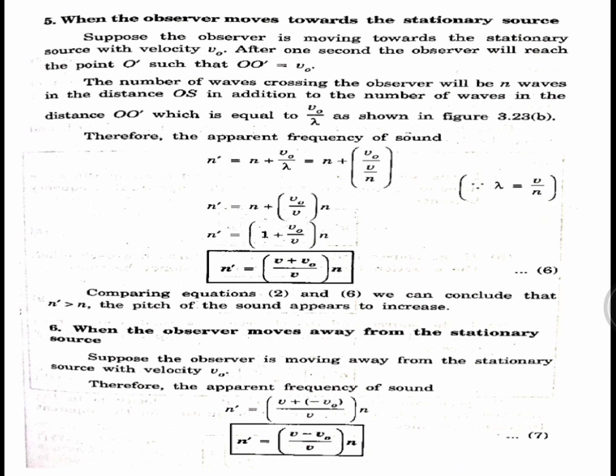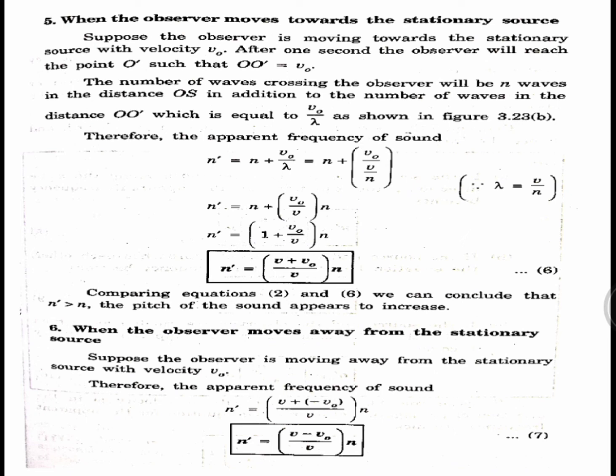Taking LCM, we can write n dash is equal to (V plus Vo) divided by V into n, equation 6. Comparing equation 2 and 6, we can conclude that n dash is greater than n. It means the pitch of the sound appears to increase.